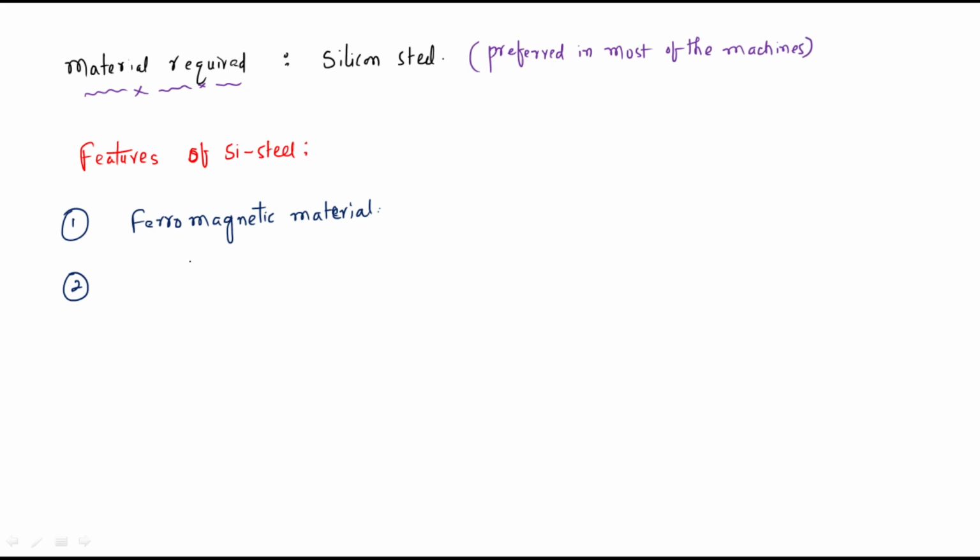And the second point is it offers high permeability. Which means what? It offers high permeability means low reluctance.